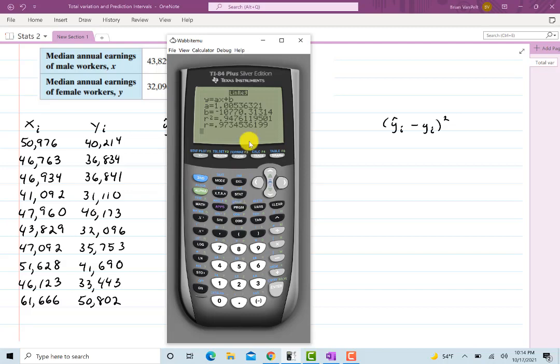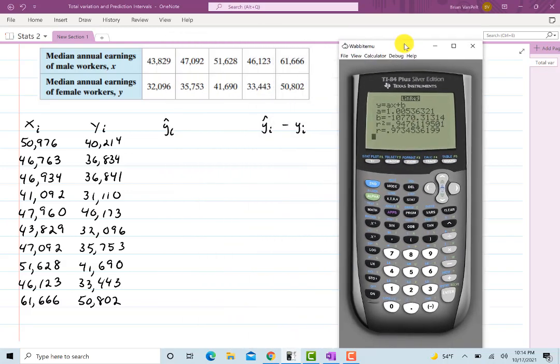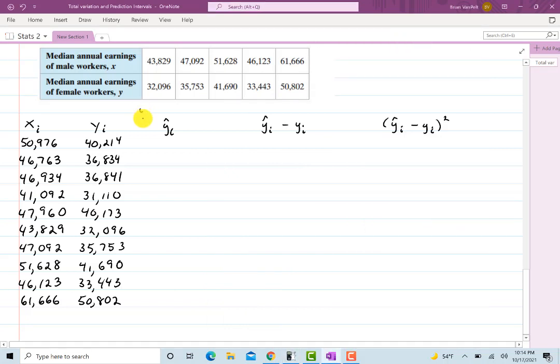It looks like we have our y hat. Let me write that down. So I've gone to 3 decimal places.